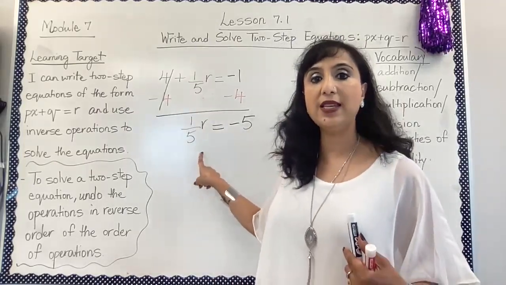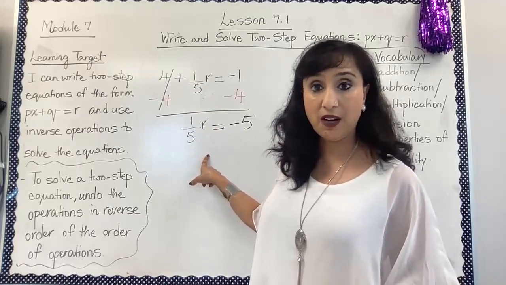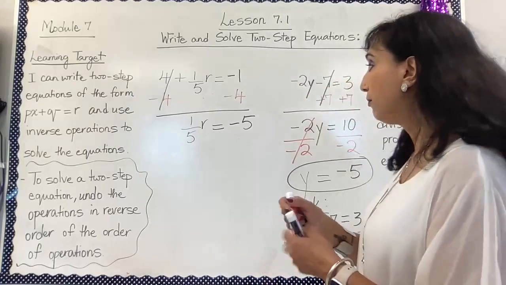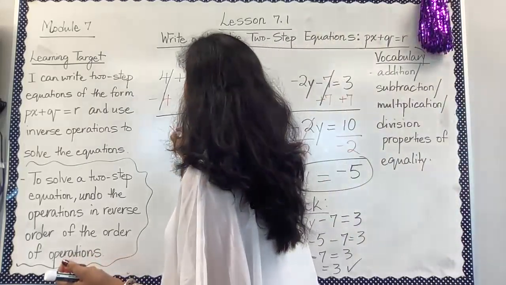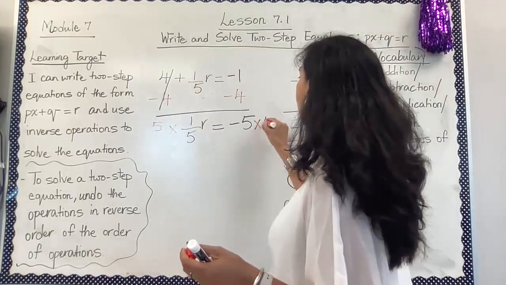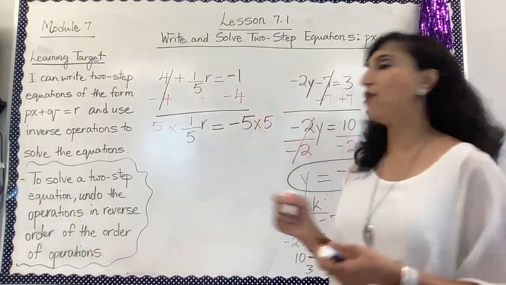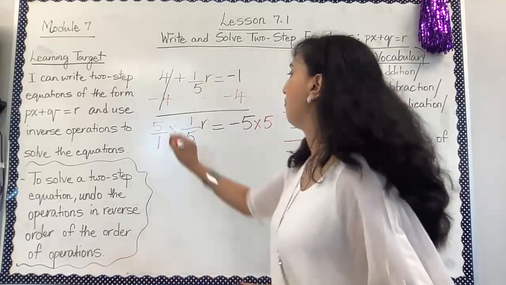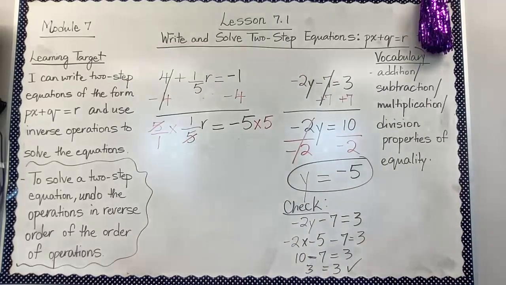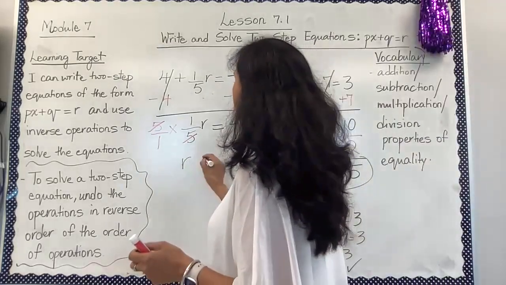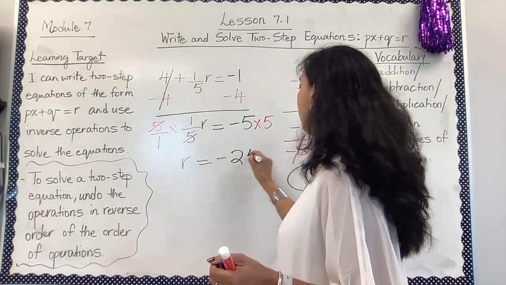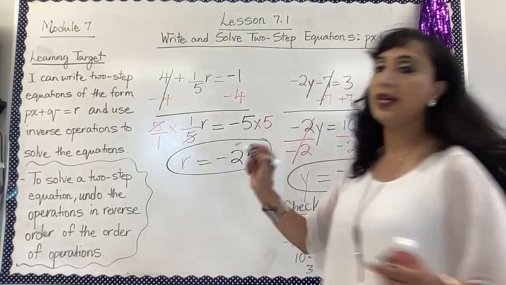So that is why this is now division, and the opposite of division is going to be the multiplication property of equality. So I'm going to multiply both sides by 5. Because when I write 5 over 1, 5 divided by 5 gives me 1. And so I'm left with r is equal to -5 times 5, which gives me -25 as my solution.